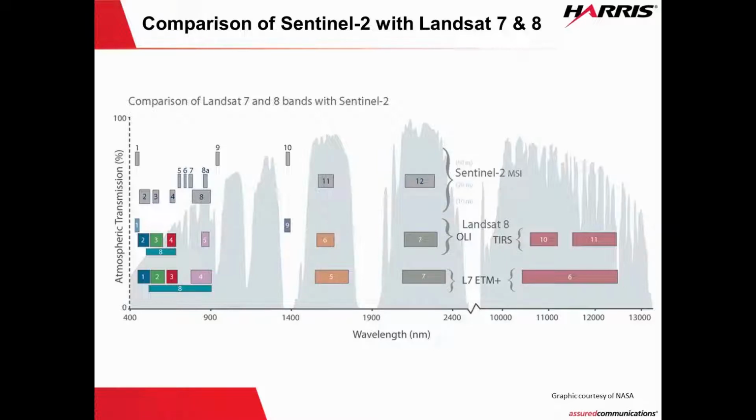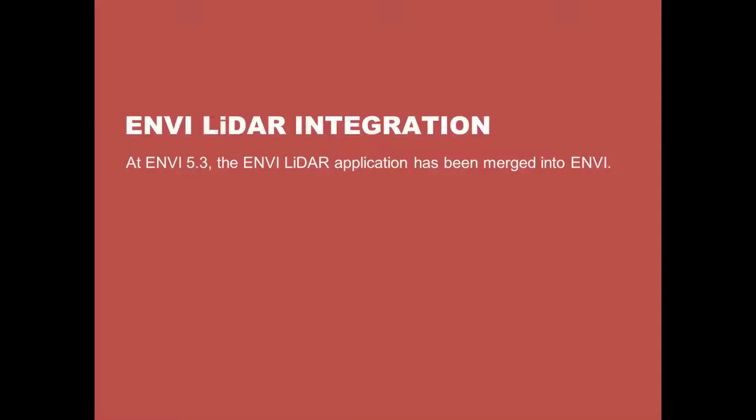So moving on to the third dimension, I want to talk now about our ENVI LiDAR integration. In ENVI 5.3, the ENVI LiDAR application has been fully merged into ENVI. What that means is we used to have a standalone product called ENVI LiDAR. It required a separate license to run. That's no longer the case.